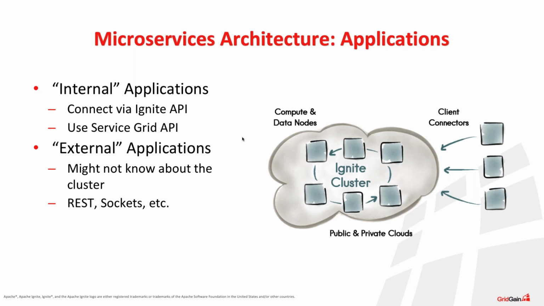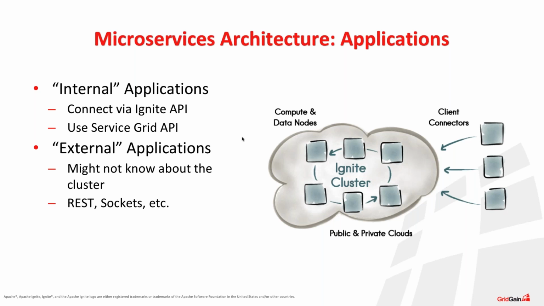And for this type of applications, as I said, you just need to open up special endpoints on the side of your services deployed in your cluster, and these applications will connect to these services using some other protocols.